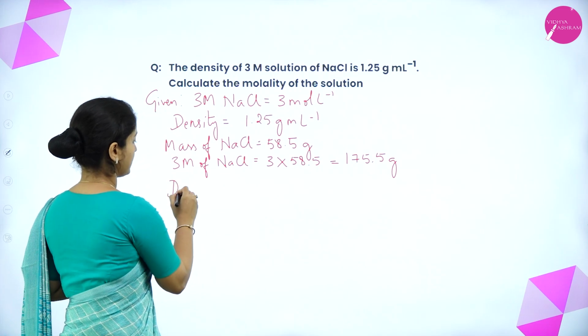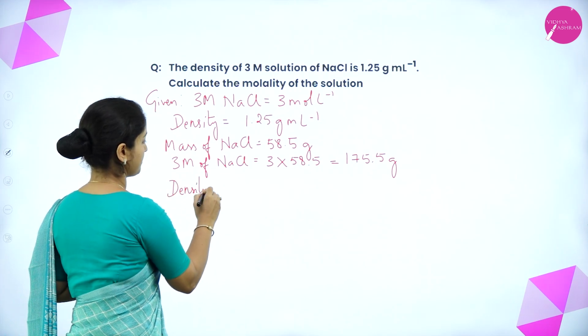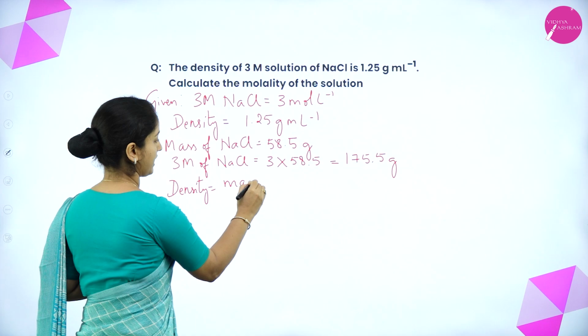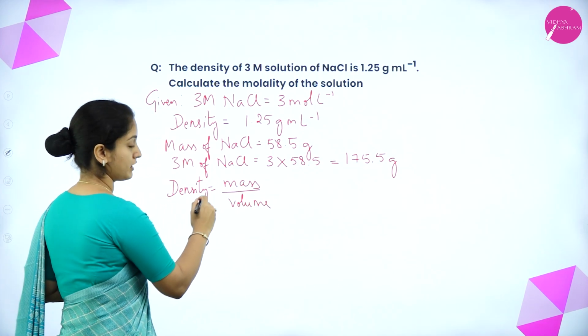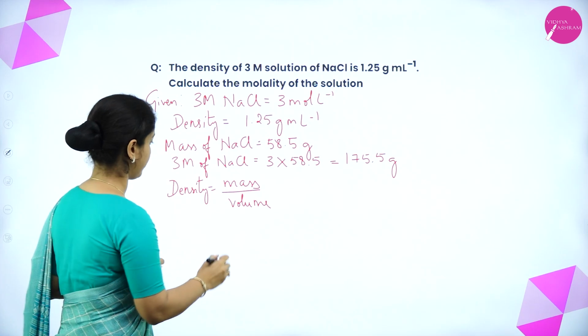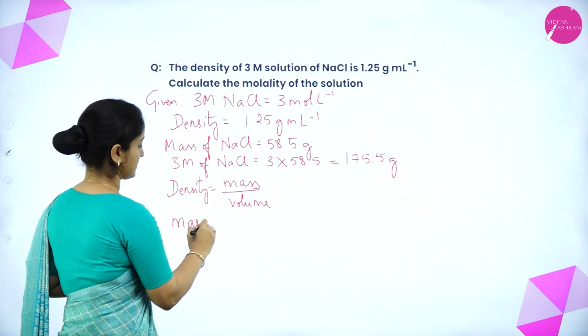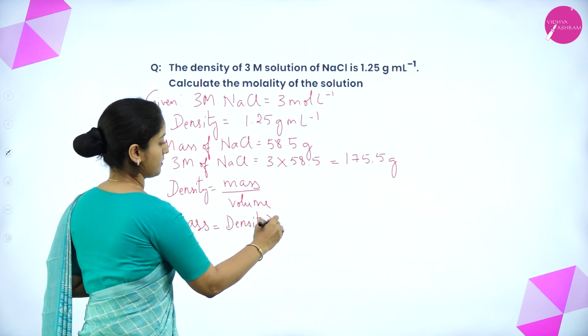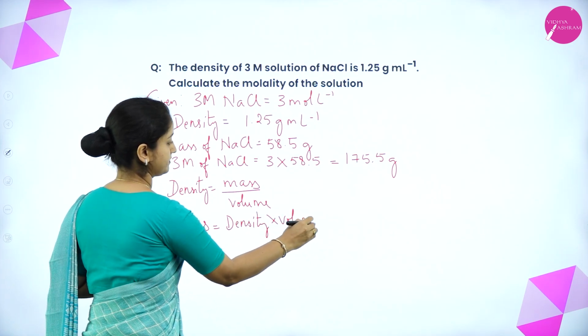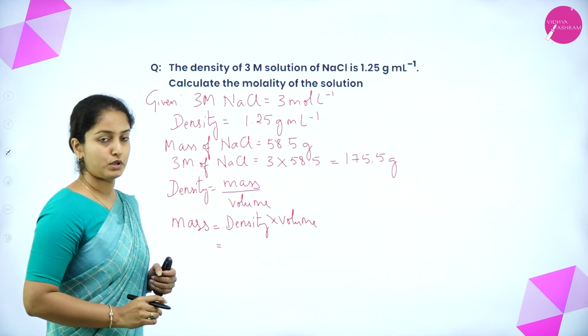We know that density is given by mass by volume. And using this equation, on simplifying, mass is equal to density into volume. What is density?